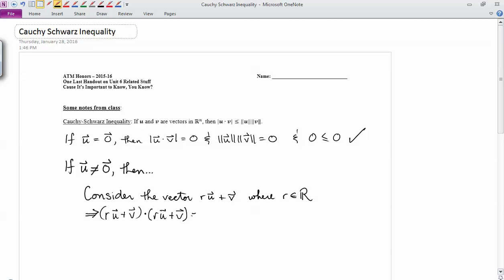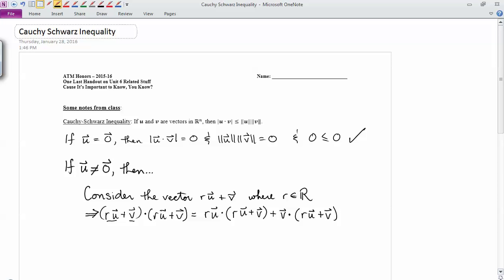If I use some of the dot product distribution properties, I'll distribute the first parentheses over the second one first. So it's ru dot, and then the second vector, ru plus v, plus v dot, and then the second vector, ru plus v.